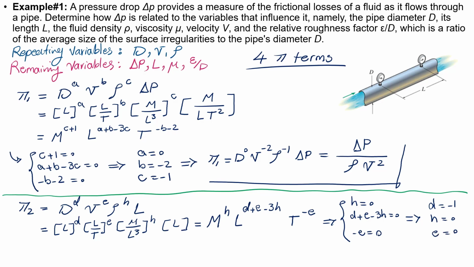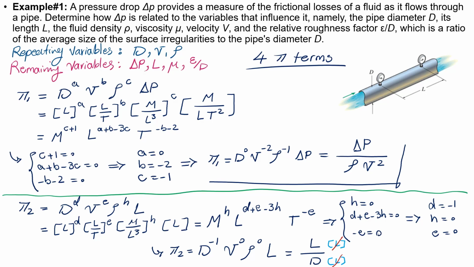So writing down the equation for pi 2 would be d to the power -1, velocity to the power 0, rho to the power 0 times L, right? All right, so if you reorganize this equation, you will have L over D. And if you want to check if this pi 2 is a dimensionless number, length divided by diameter, the dimensions for length is L, the dimensions for diameter is L, and they cancel each other out.